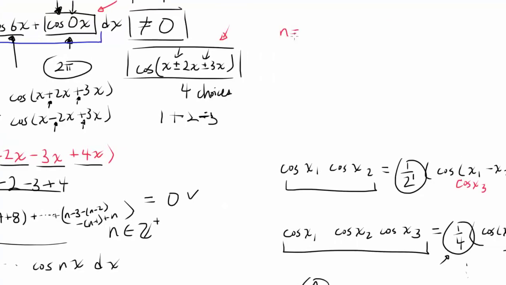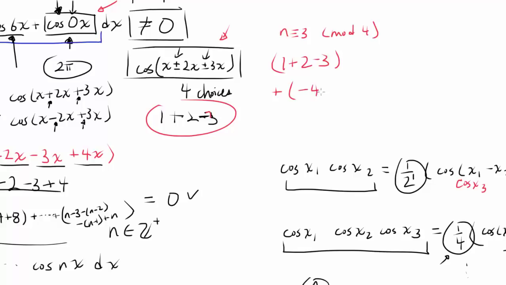So for n being congruent to 3 mod 4, we can say 1 plus 2 minus 3. Then we can group things in groups of 4. One way of doing it is negative 4 plus 5 plus 6 minus 7. Realize that this thing evaluates to be 0.